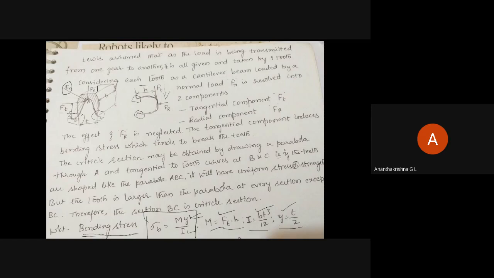The radial component is neglected, and then we analyze the gear teeth. We assume a gear tooth in the form of parabola ABC, which gives us gear teeth of uniform strength. In the remaining places we have more material of the gear tooth. So the critical sections are identified as B and C.